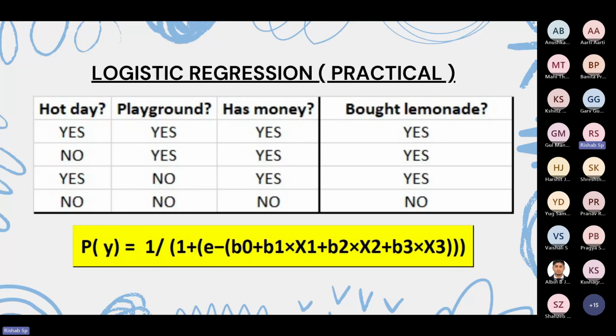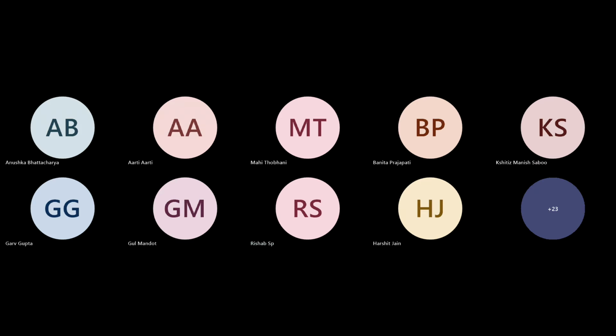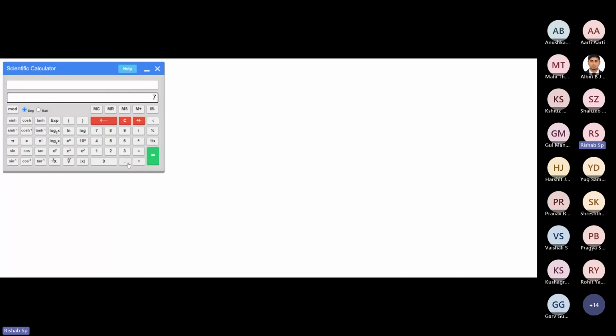We get 7.3333. So if we want to calculate the log odds for the same, I'll share the calculator. We type 7.3333 and ln, natural logarithm, we get 1.99.